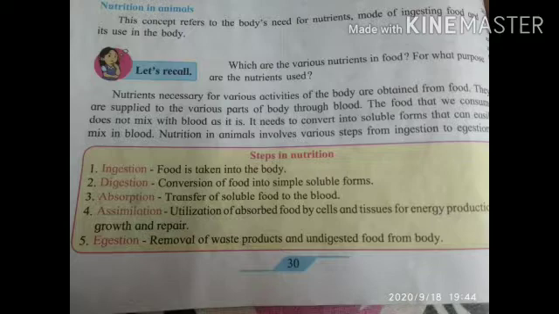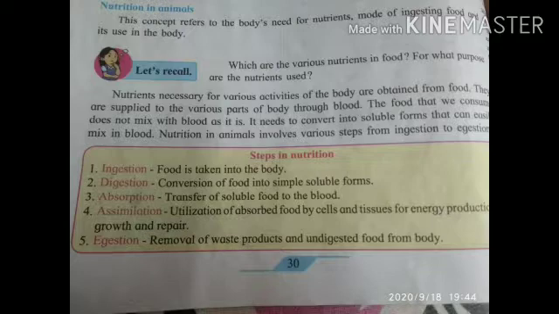All the life processes run effectively due to nutrients. The circulating blood supplies the nutrients to all the parts of the body. For this purpose, the food is converted into soluble forms by an elaborate process.